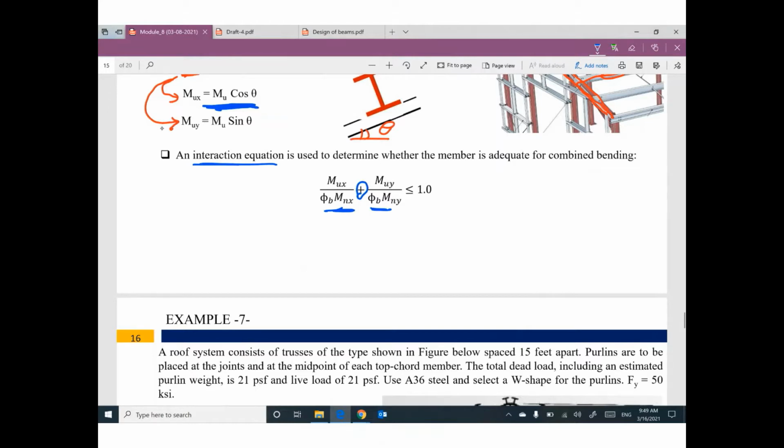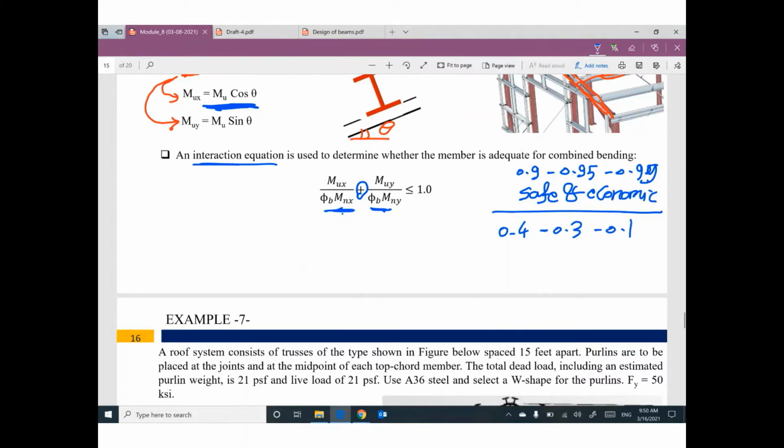Just to make sure, if the two terms equal 0.9, 0.95, 0.99, it will be safe and economic. If the two terms are 0.4, 0.3, 0.1, it will be safe.